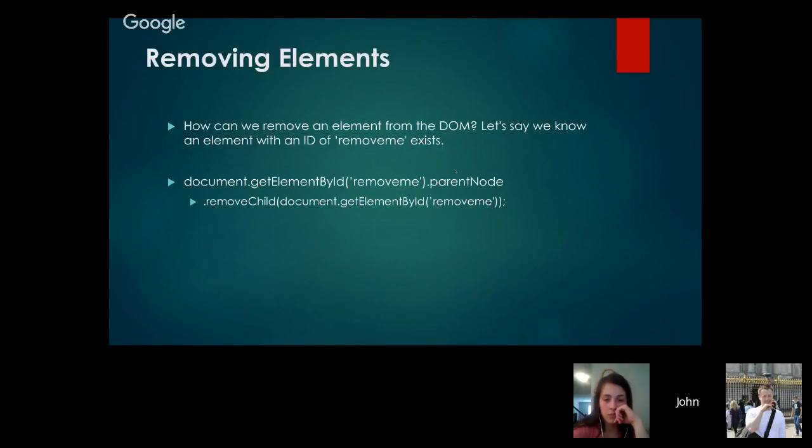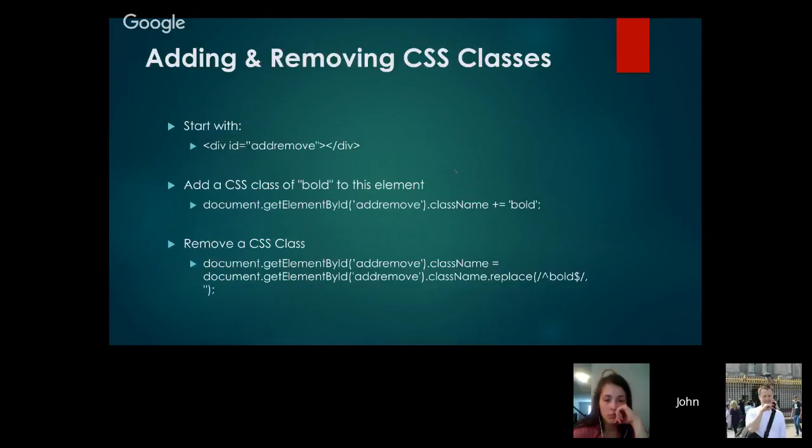And then this one is basically removing an element. If you want to remove an element, it shows like I created a remove me type parent, then you say remove child document and what you want to remove. So it's kind of the same type of stuff as we'd learned in the other classes.